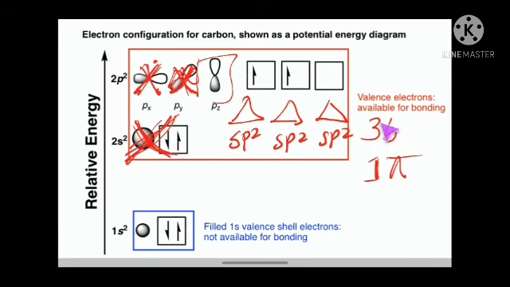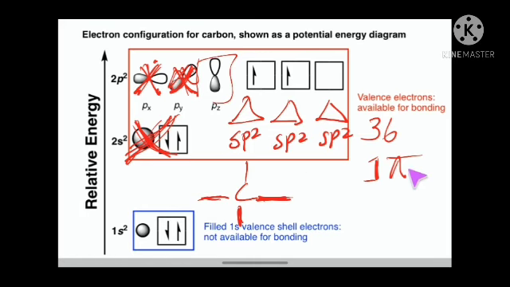So let's put the default bonds for carbon. It has 4 bonds, but we have 3 sigma bonds. So 1, 2, 3, that's fine. Sigma is anyway a single bond. It could form double and triple bonds as well, but basically that is a single bond.